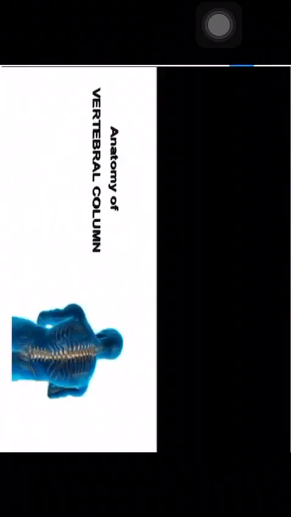Now the third part of the skeleton is the backbone, also known as the vertebral column. As you can see in this picture very clearly, the upper end is attached to the skull and the lower end is attached to the hip bone.